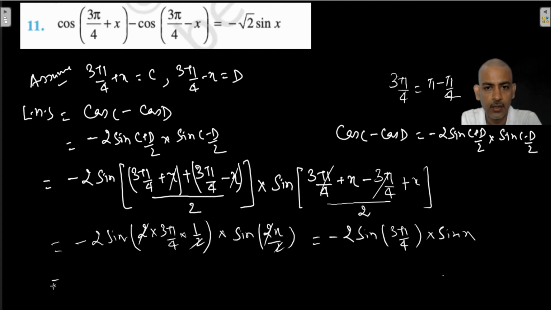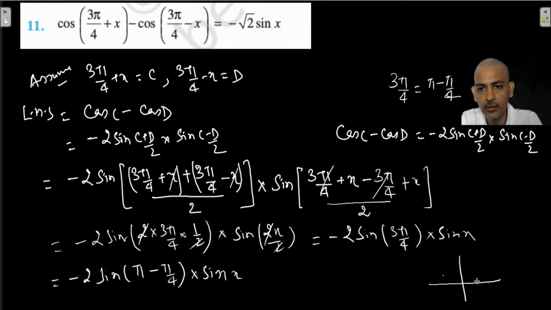So we'll get minus 2 of sine of pi minus pi by 4 into sine of x. Another thing to note here is, when we are doing this, this is my pi from here to here, and I am going back in this direction just because there is minus pi by 4, right? So this is my 3 pi by 4 from here to here. This is what it was, 3 pi by 4.